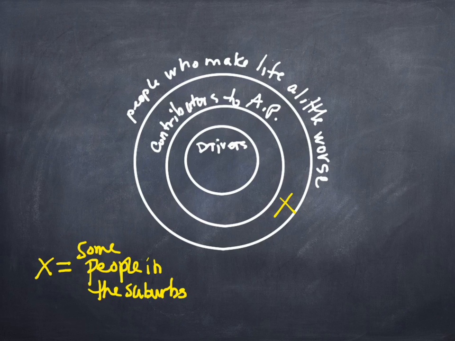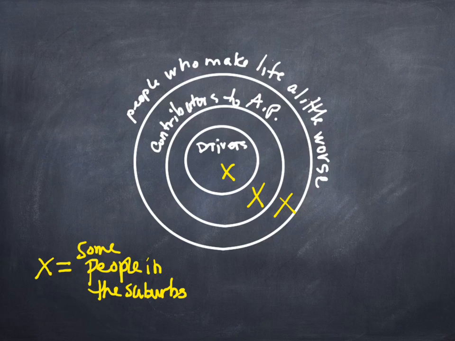Well, it's already in. Where do you want me to put it, Kat? Yeah, we got that piece. I want to argue that we could put the X in either of these places too, because aren't those two X's also in the circle that says people who make life a little worse?